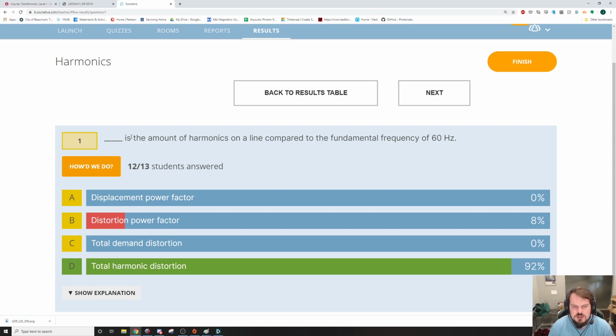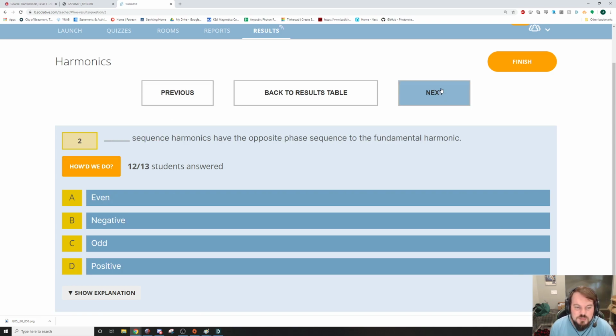The total harmonic distortion is a measurement of how much distortion there is. That's pretty simple. Blank sequence harmonics have the opposite phase sequence of the fundamental harmonics. So that's the negative sequence. That's the opposite. It's just out of phase.